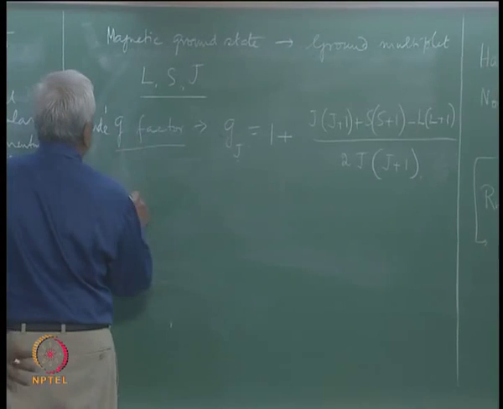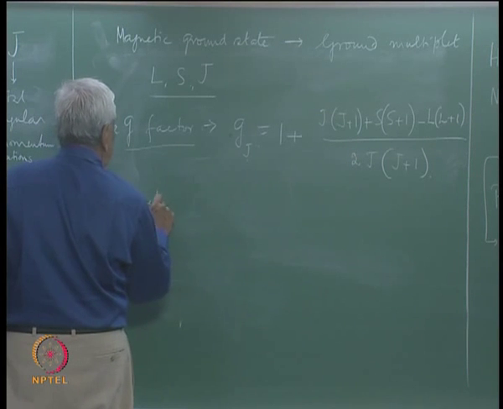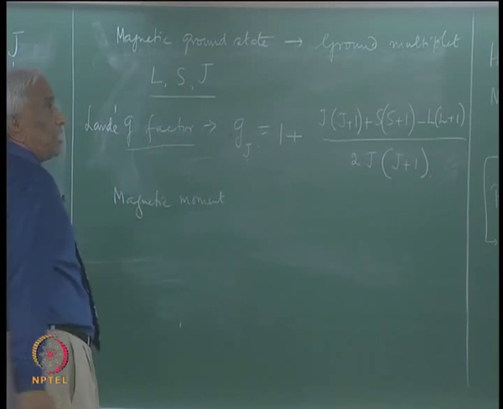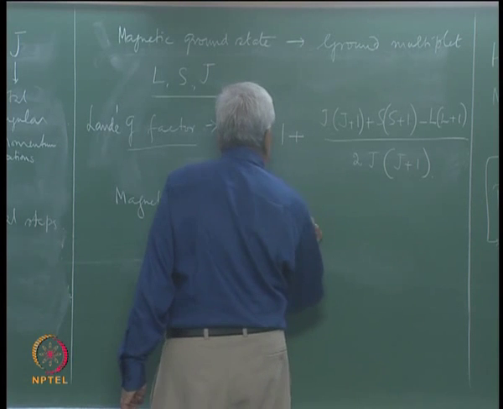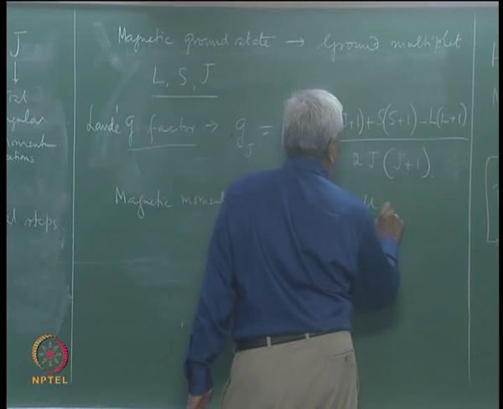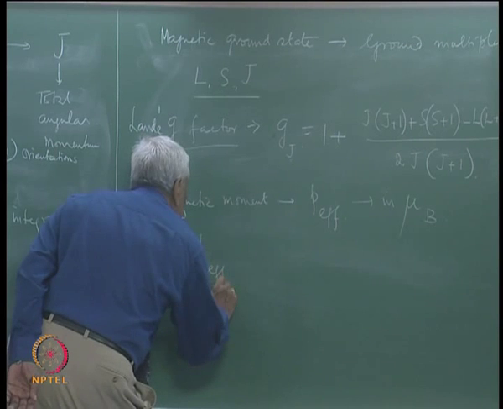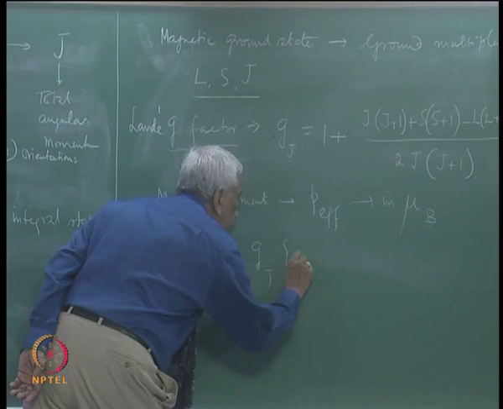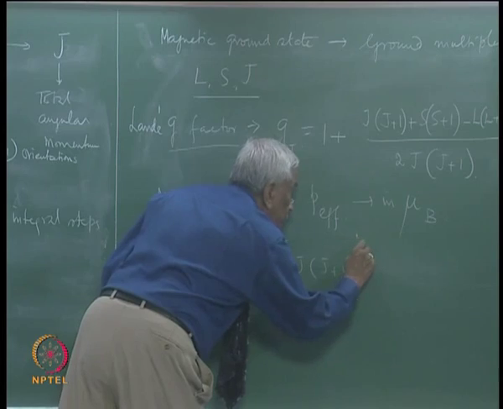Once we know Gj, the magnetic moment corresponding to this ground state is usually represented by the symbol P effective, which is in Bohr magnetons. So, this P effective is given by Gj into j into j plus 1 to the power half.